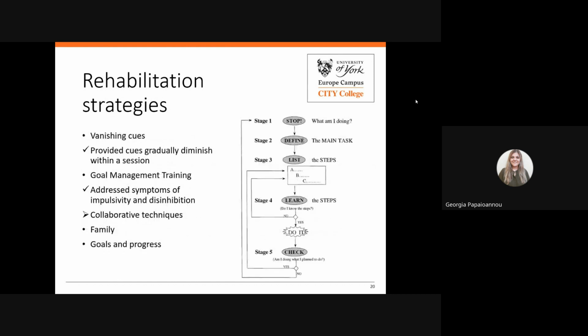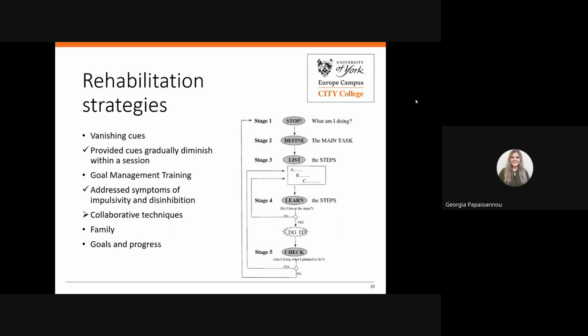We have vanishing cues, where we provide cues and we gradually diminish them within a session. We have the goal management training, which is a framework that we use mostly in executive functions, but in this specific patient was used to address some symptoms that she had of impulsivity and disinhibition. And of course, we can also have some collaborative techniques to introduce the family to some aspects of how they can help in this procedure.